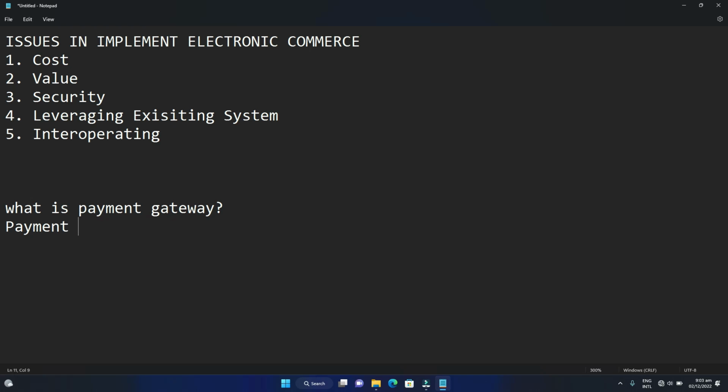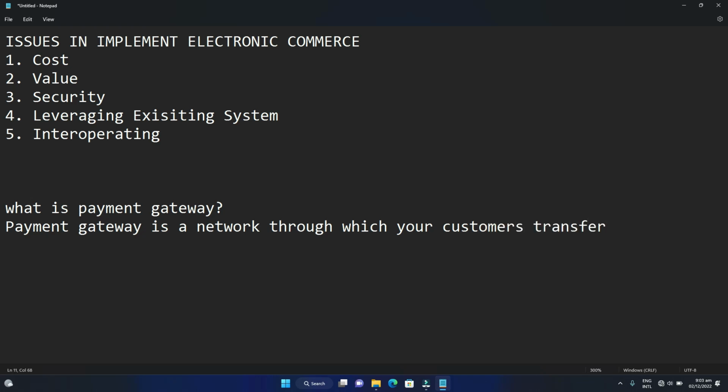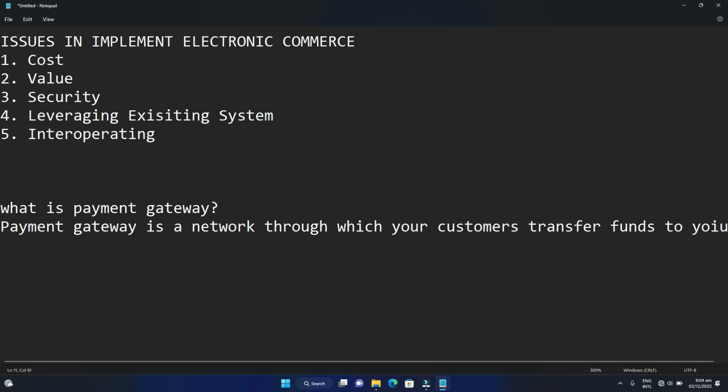So payment gateway is a network through which your customers transfer funds to you.